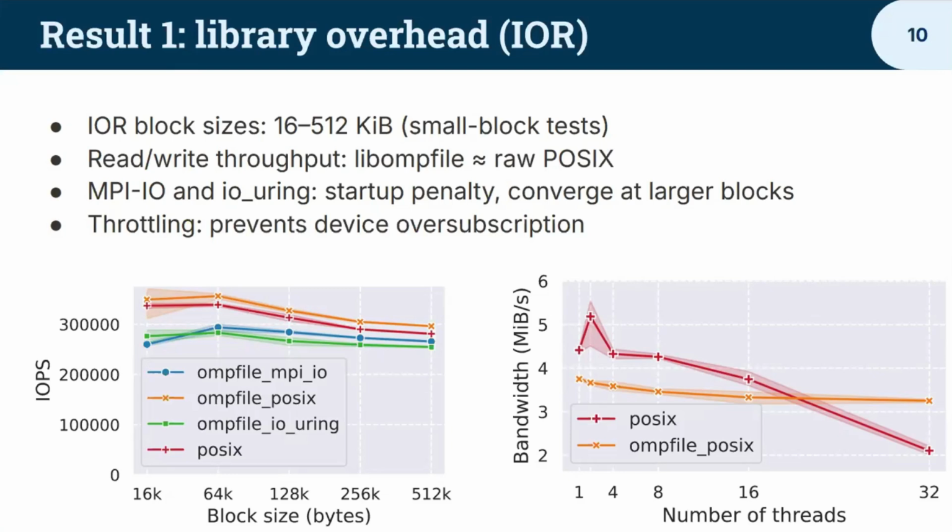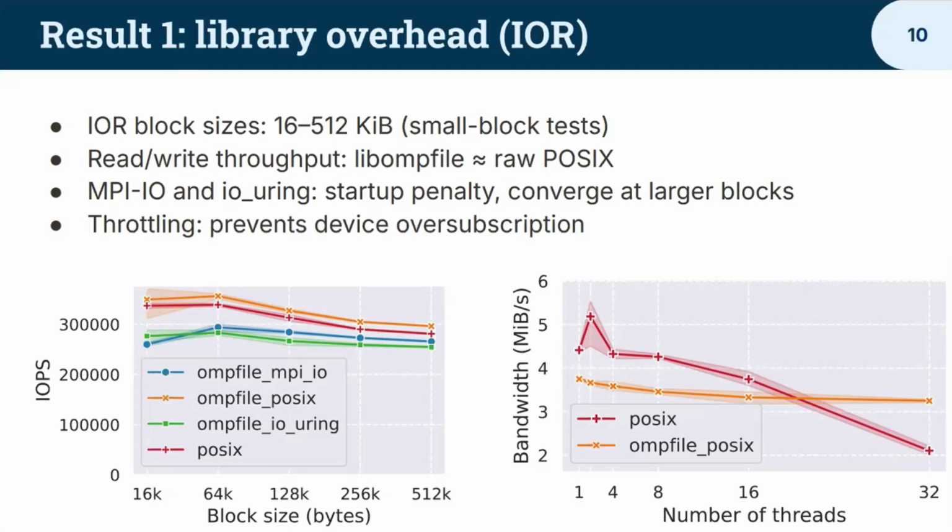But when we have our runtime managed IO, it knows to throttle the concurrency, and then we can keep the performance as we increase the number of threads. There is still a gap here. There are some implementation problems that we didn't fix yet. So we still lose to regular POSIX IO in this write case, but it's just some implementation details.